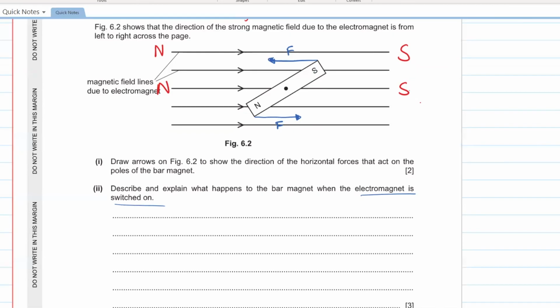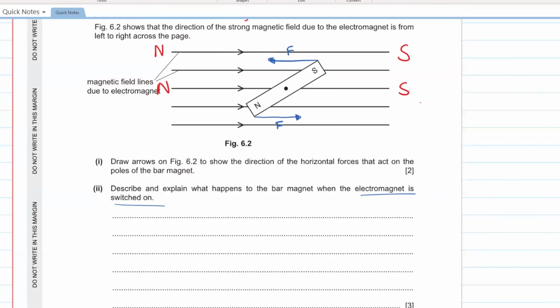And it will cause the magnet to rotate. These two forces will cause a moment and will cause the magnet to rotate. Can you see these two forces acting on the magnet will produce a moment? As they produce a moment, they will cause the magnet to rotate, due to these two forces.